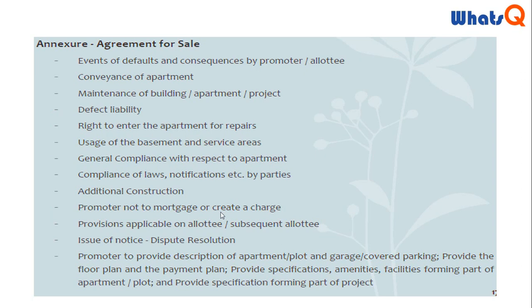Accordingly the agreement for sale will be carried out, and the annexures will form part of the agreement for sale. If these things are specified in the agreement for sale, it will help to avoid future litigation and any misleading by either of the parties involved in the contract.